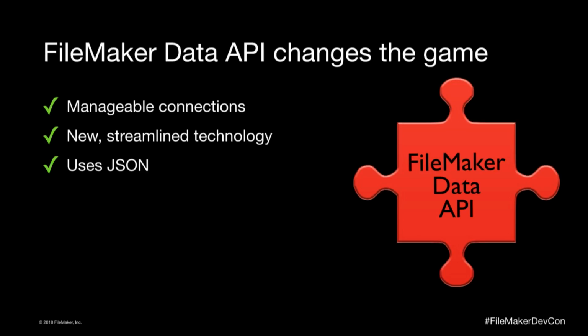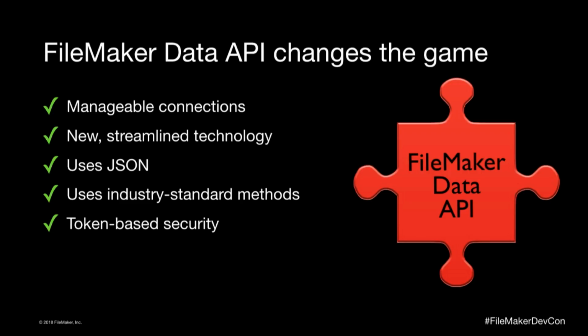With the CWP engine, you would get a huge amount of data. Every time you ask for something, it would give you all the layout information, all the implementation information about the FileMaker data that you're asking for, and a whole lot more. And it finally uses industry standard methods, so if someone new comes on board, they can get up and running a little more quickly because it's a really standard REST implementation.